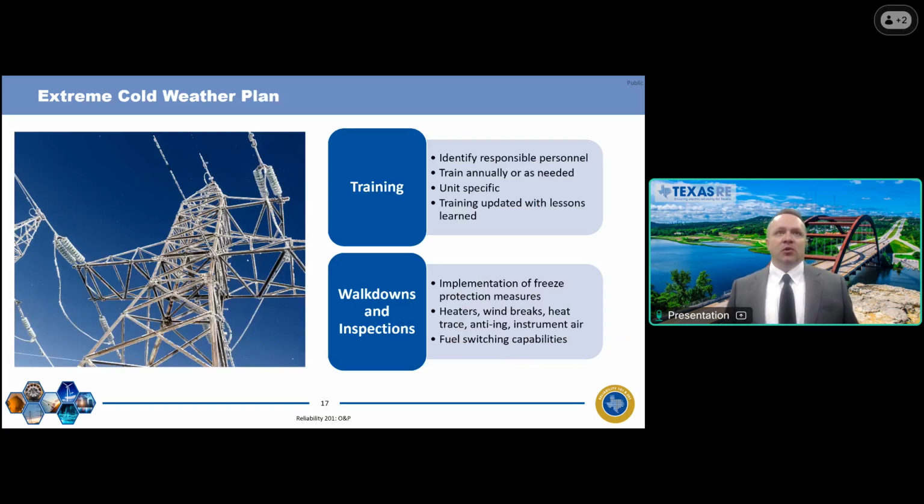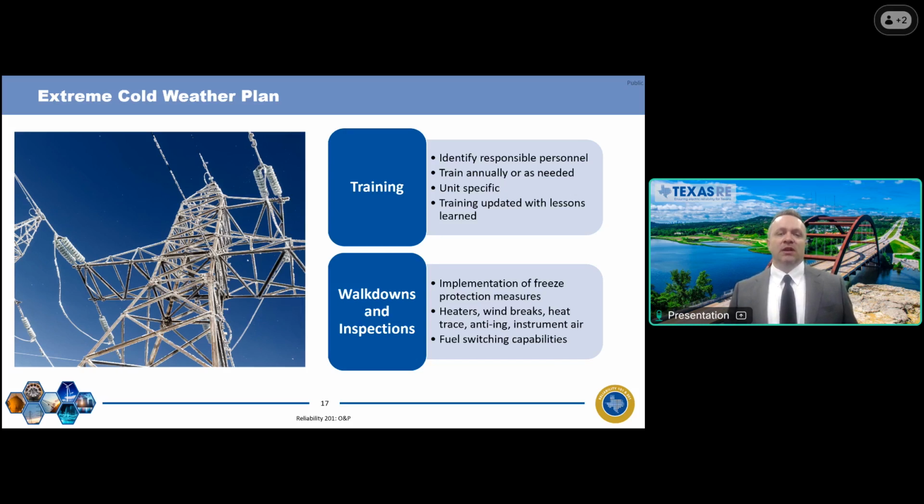When you have your extreme cold weather plan, one of the requirements in the EOP 12 standard states that you should train annually on that plan. The personnel that you train are the personnel identified as responsible for implementing that plan, and the training materials should be unit specific.